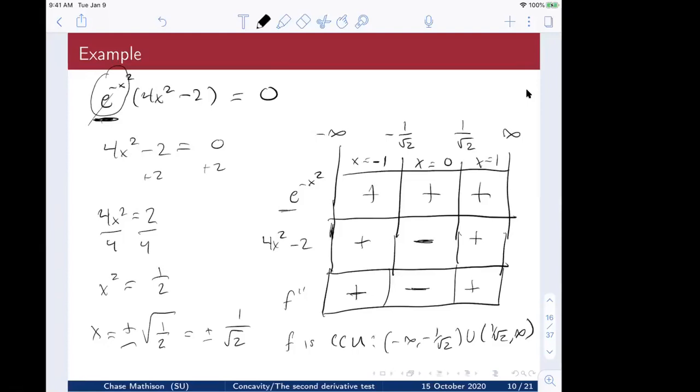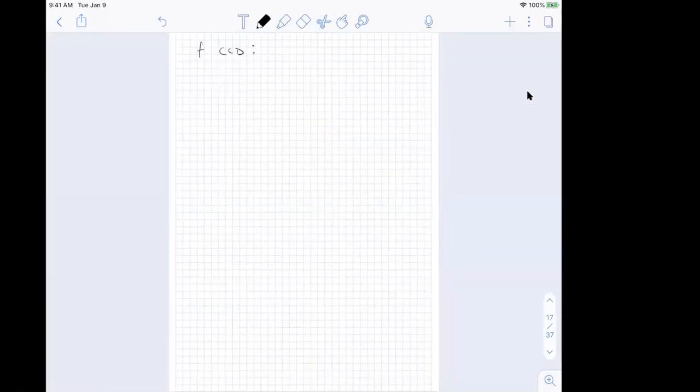So where is f concave down? From minus 1 over square root of 2 to 1 over square root of 2. Good.